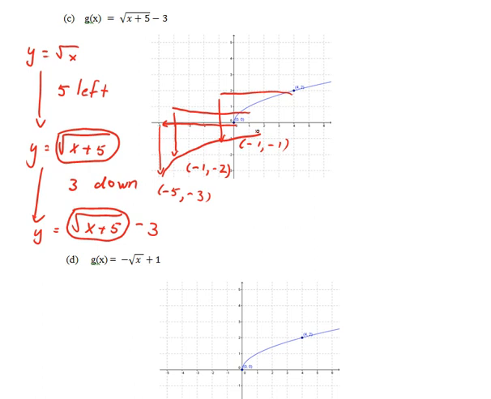The graph of the original function, y equals the square root of x, has been moved 5 to the left and 3 down.